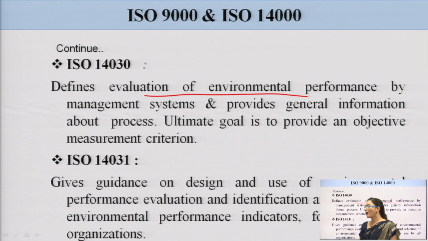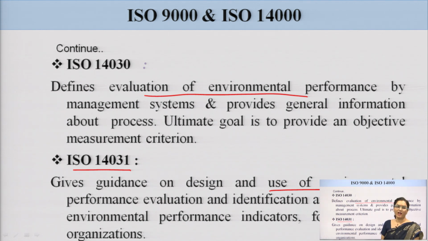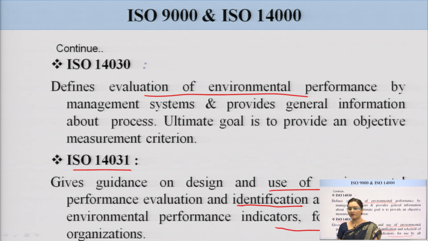Now, next is ISO 14031. So, this standard gives guidance on design and use of environmental performance evaluation and identification and selection of environmental performance indicators for use by all organizations.